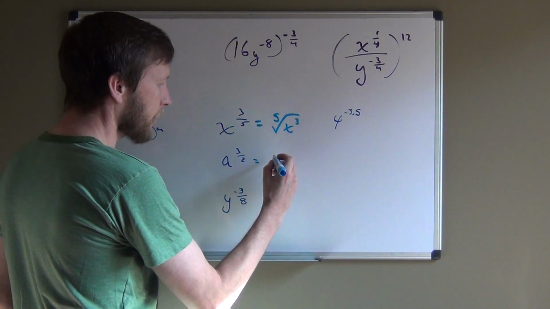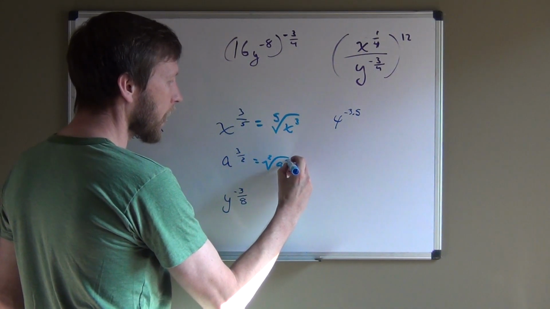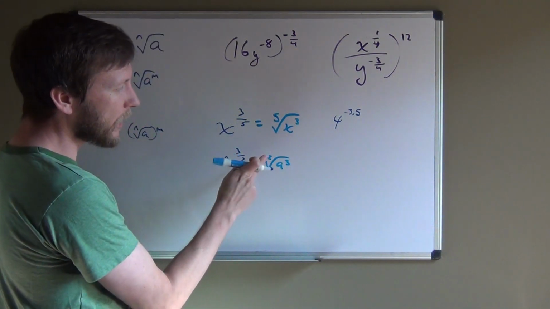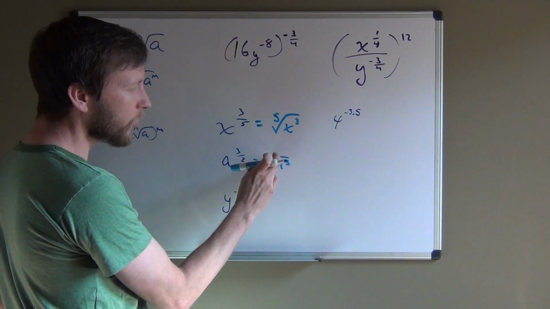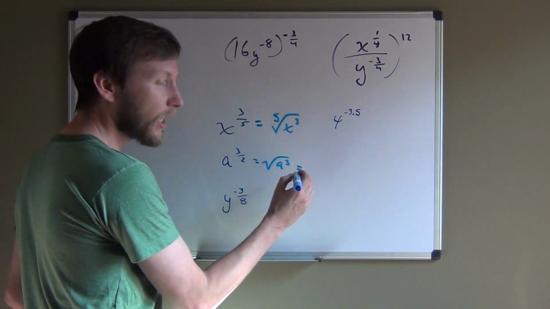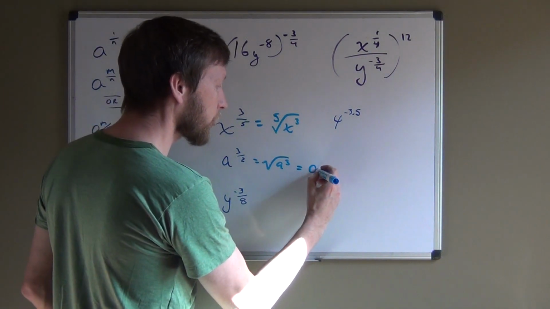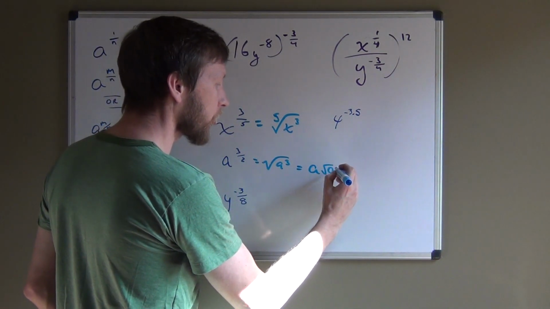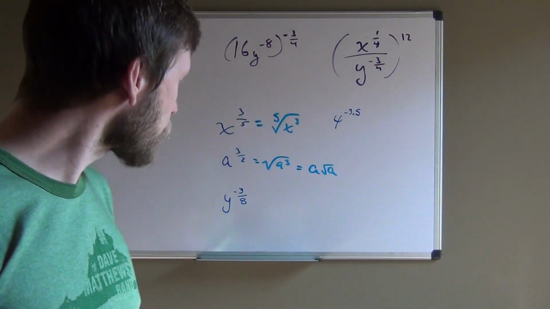Here we have the square root of a cubed. We don't need to put the 2 there as our index, so we can just write the square root of a cubed. In some cases, you will be asked to simplify that radical if possible. We're going to assume that our variables are positive here and call that a times the square root of a.